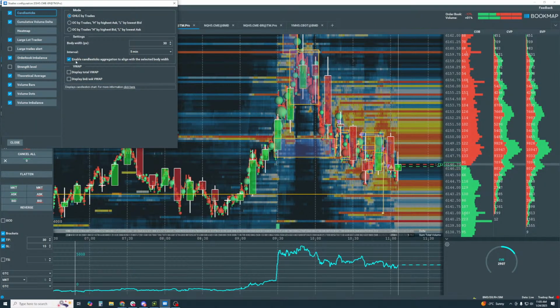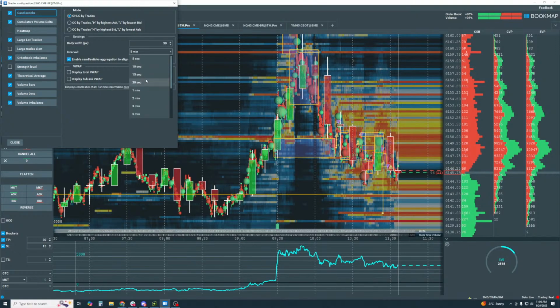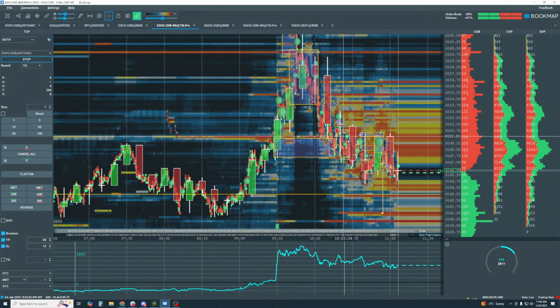A really interesting thing that the developers put together here, this enable candle aggregation to align with the selected body width. Okay, it's a fancy way of kind of saying in here, watch this. I'll show you. We'll go with a like a 10 or 15 second candle here. Okay, but obviously this is not 10 or 15 seconds.